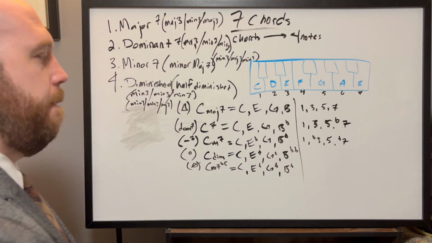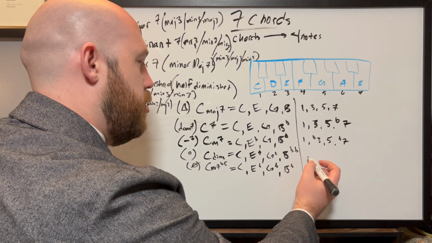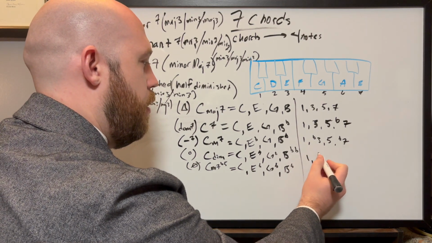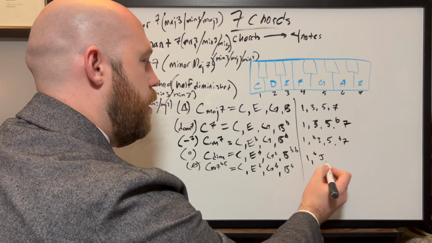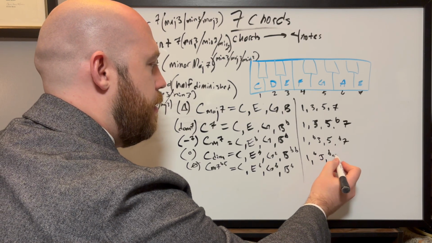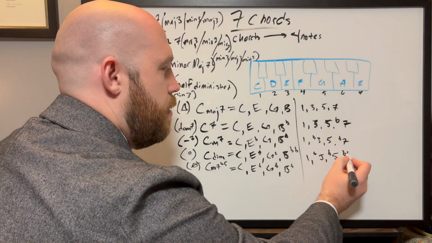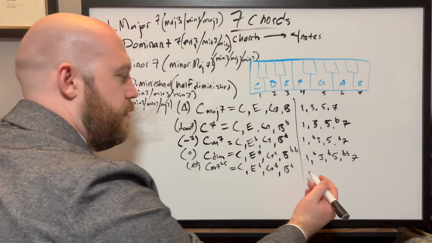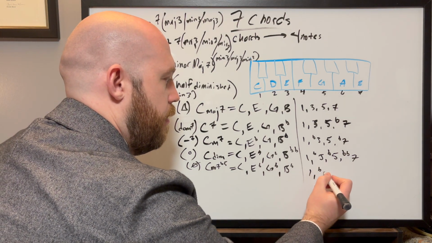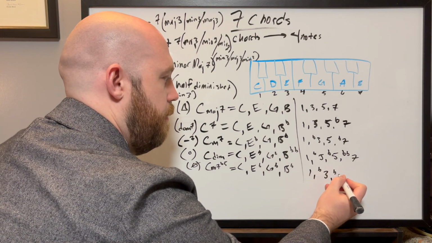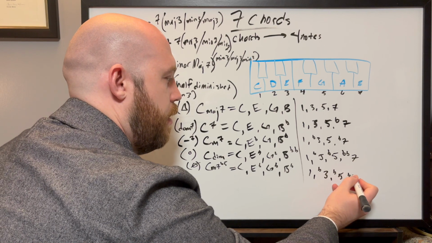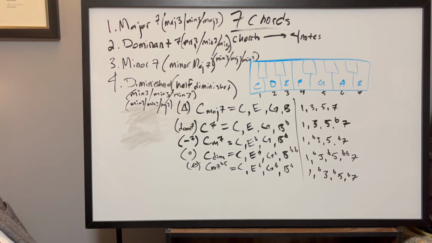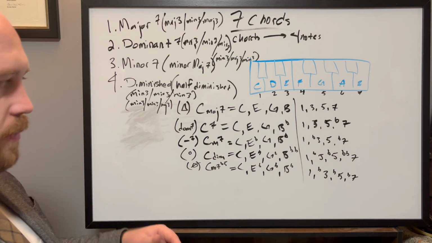Diminished: 1, flat 3, flat 5, double flat 7. And finally, the half diminished: 1, flat 3, flat 5, flat 7. That's how you would write those out.